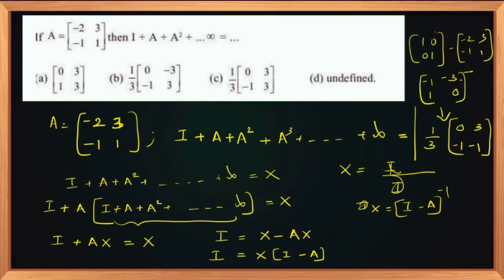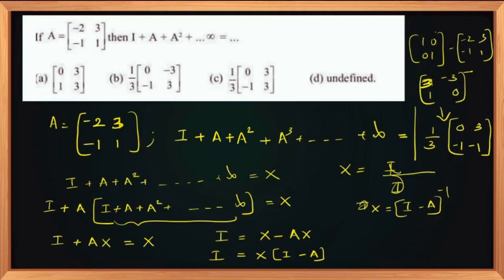Interchange the diagonal elements. Or did I make the mistake? Can somebody point out my mistake? 1 minus 2 is equal to 3. Okay, fine, this is 3, right? 1 minus 2 is 3. Okay, sorry. Thank you, Abhijit.